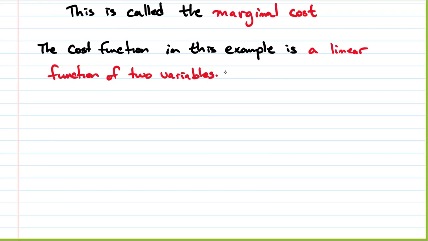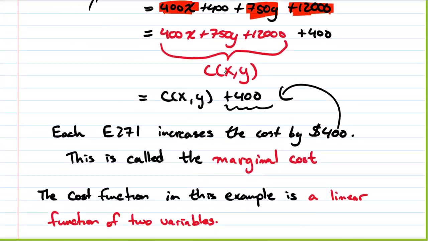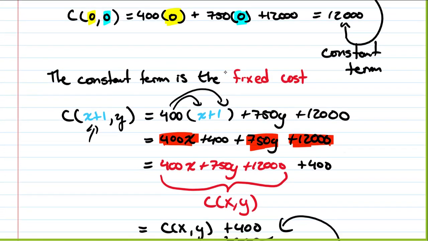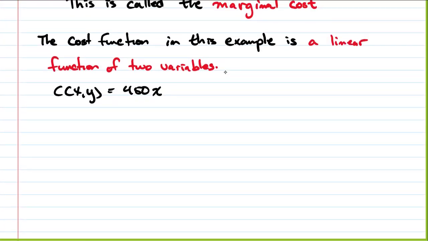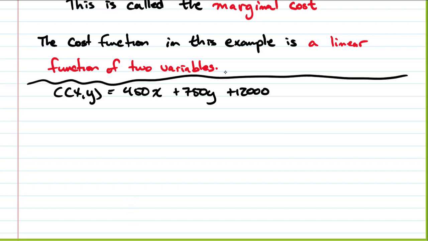So if we were to analyze our function here, c of x, y equals 450x plus 750y plus 12,000. So let's talk about the domain.